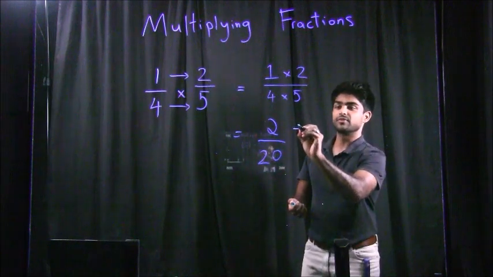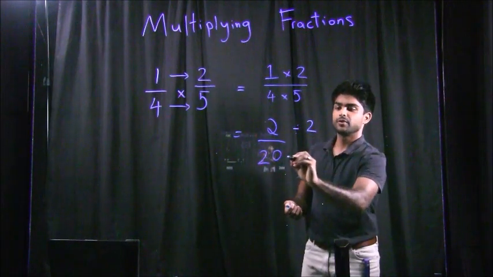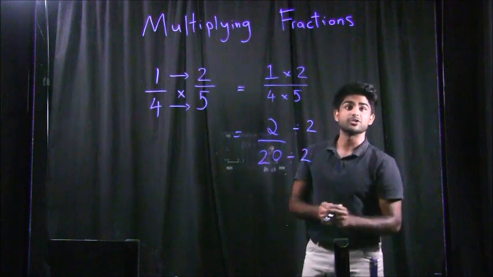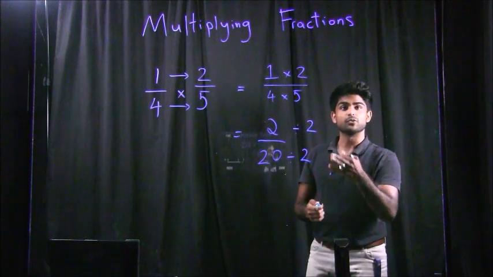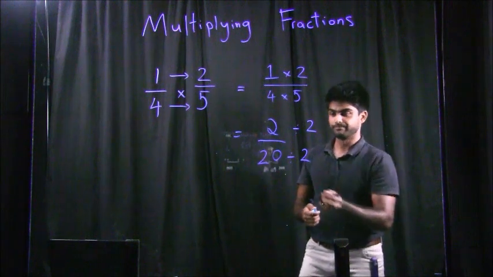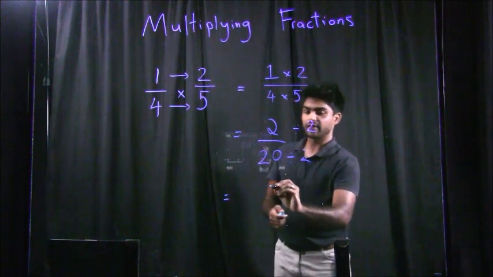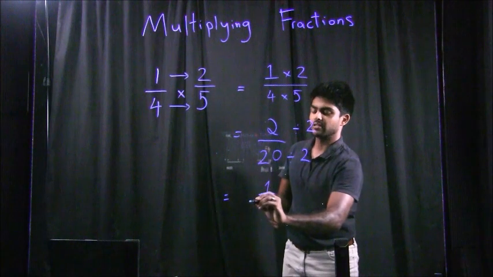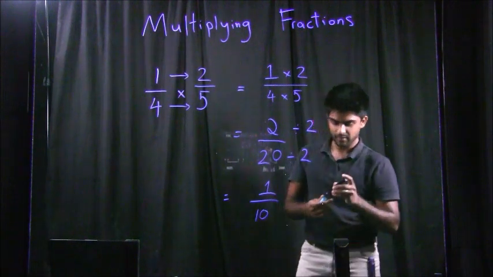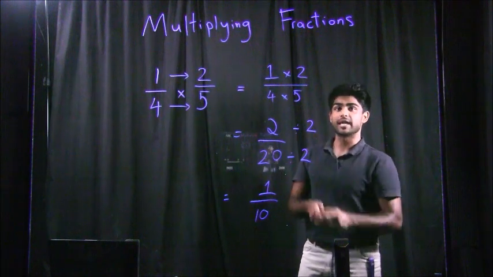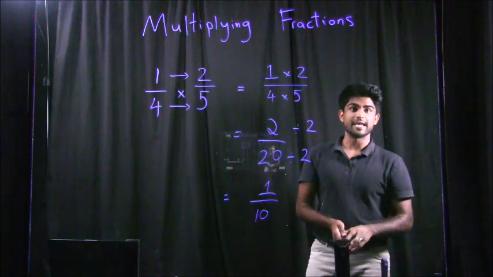So what we do is we divide the numerator by 2 and we divide the denominator by 2, because it's always very important that what we do to the top, we also do to the bottom. Okay, so 2 divided by 2, we get back to 1, and 20 divided by 2, we get back to 10. So our final answer for this multiplication is 1 over 10.